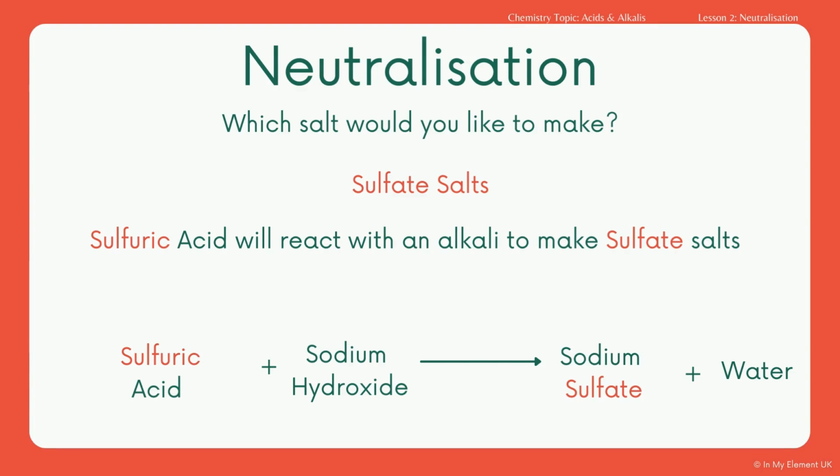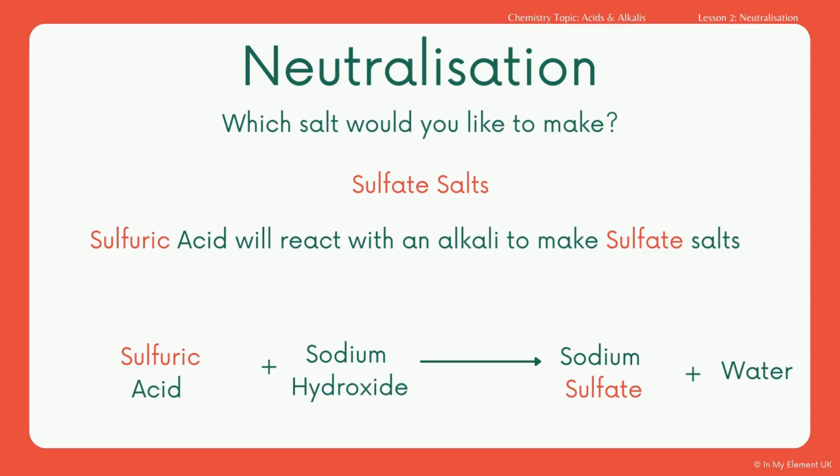Now, you need to learn the general equation where we had acid plus alkali reacts to give you salt and water. And then you need to be able to know these different examples. This will carry on into your Key Stage 4 chemistry lessons as well. So make sure you understand these, and make sure you could also do it with different alkalis.